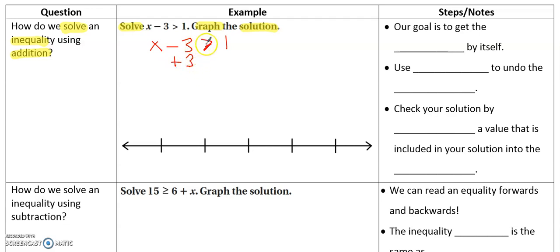But if I add 3 to the left side of this inequality, I must also add 3 to the right side to keep it balanced, to keep the inequality true. Minus 3 plus 3, those are opposites. That's 0. So what's left here? X is greater than 1 plus 3. That's 4.